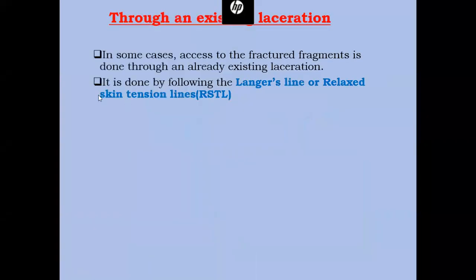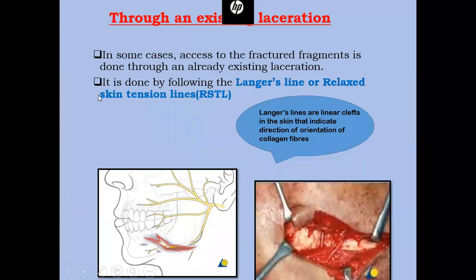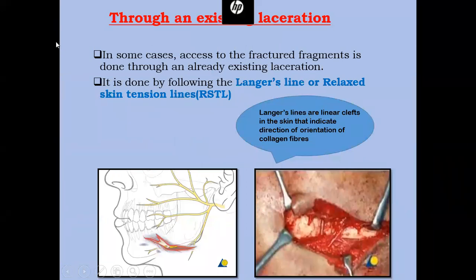Beginning with the extraoral approaches, through an existing laceration. In some cases, access to the fractured fragments is done through an already existing laceration, as we can see here. It is done by following Langer's lines or relaxed skin tension lines. Langer's lines are linear clefts in the skin that indicate the direction of orientation of the collagen fibers.